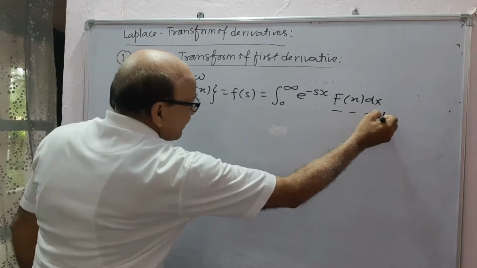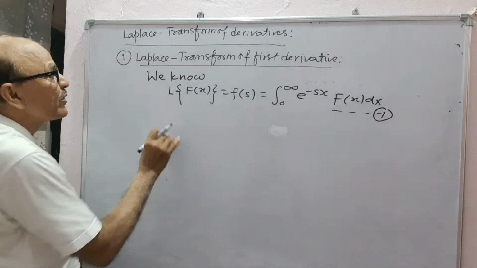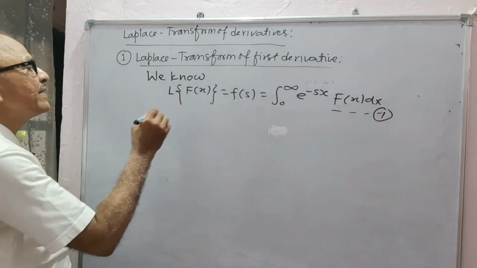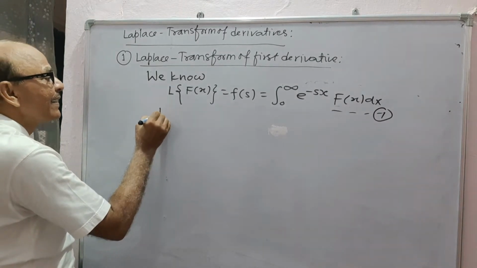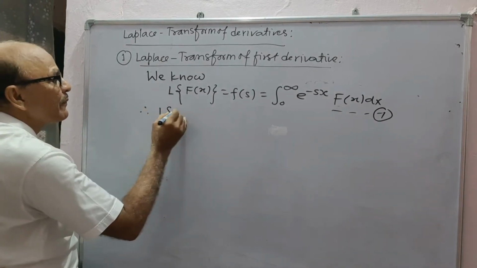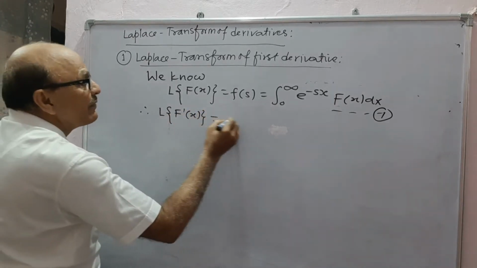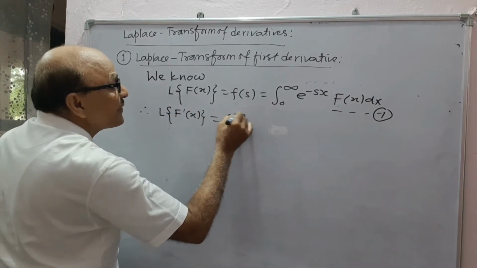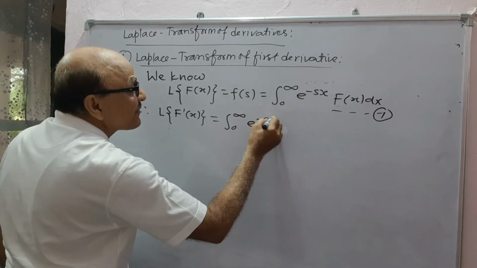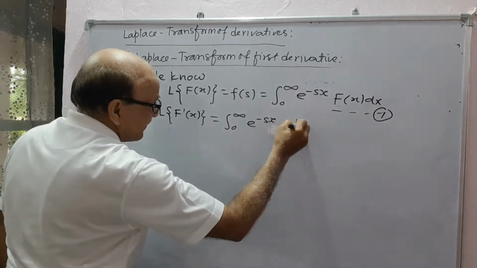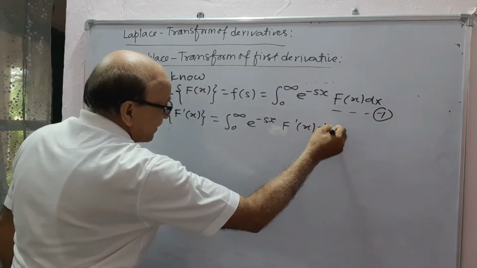This is, suppose, equation 1. Now if you replace f(x) with f dash x, then we get Laplace transform of f dash x, which is first derivative, will be equal to integral 0 to infinity e to power minus sx f dash x dx.